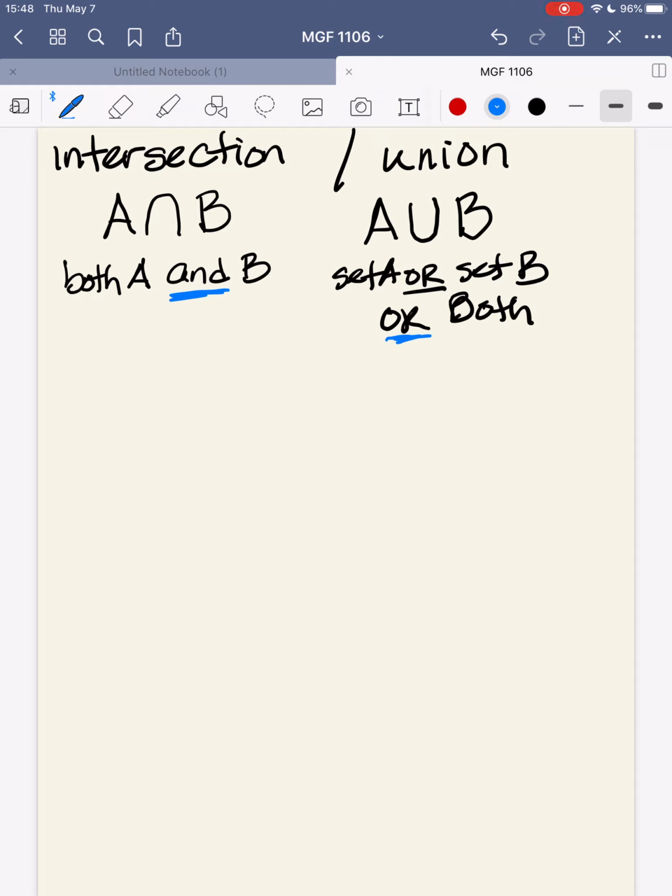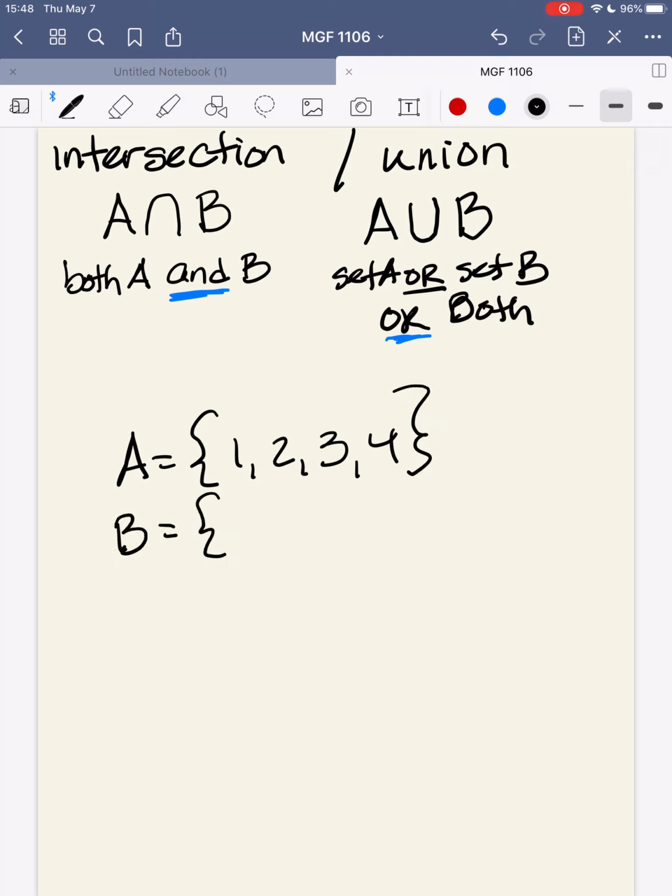Okay? So if I have, real quick, let's just make one up. I have set A: 1, 2, 3, 4. And set B, that'd be 3, 4, 5, 6. Not being real entertaining here, okay?